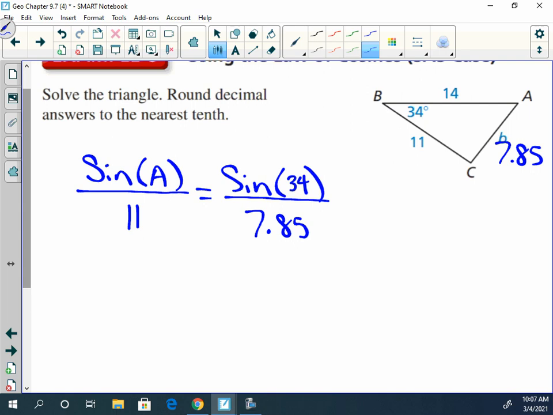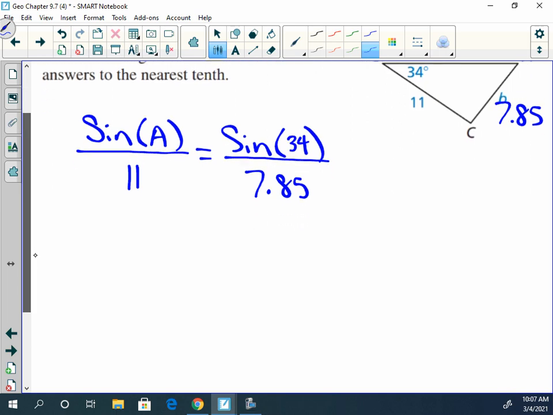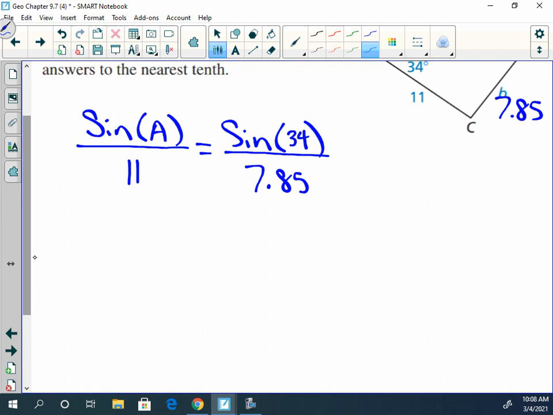Now we have to use 7.85 because there's no other way to set this up to be able to solve for a missing angle. Then what do we do next? We multiply both sides by 11.